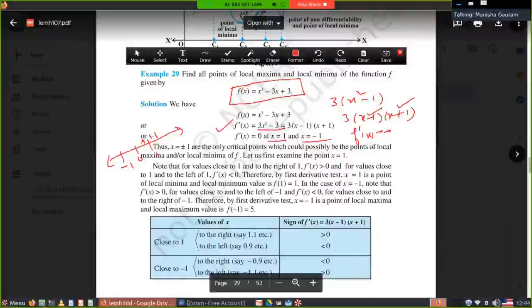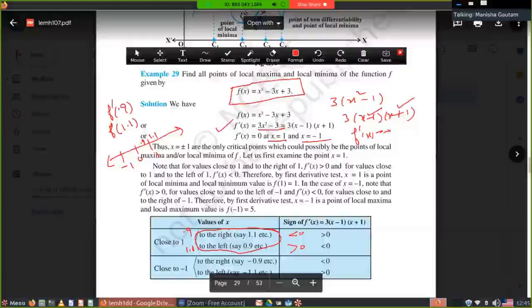Now you have to calculate f dash 0.9 and f dash 1.1. This is written left, right. I think here you have to apply your mind, because the theorem is from left to right. You have to put the first line 0.9 and then the second line will be for 1.1. It means this will be less than 0 and this will be greater than 0.